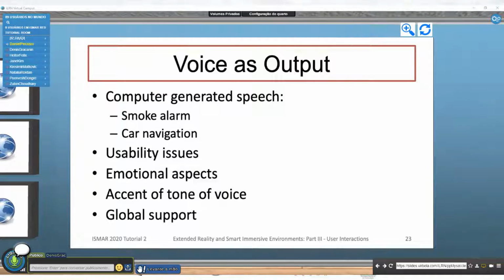We have that in voice assistants such as Siri or Cortana or similar. Therefore, the way it should be done is to provide the ability to customize that: female versus male voice, different versions, and even different accents.